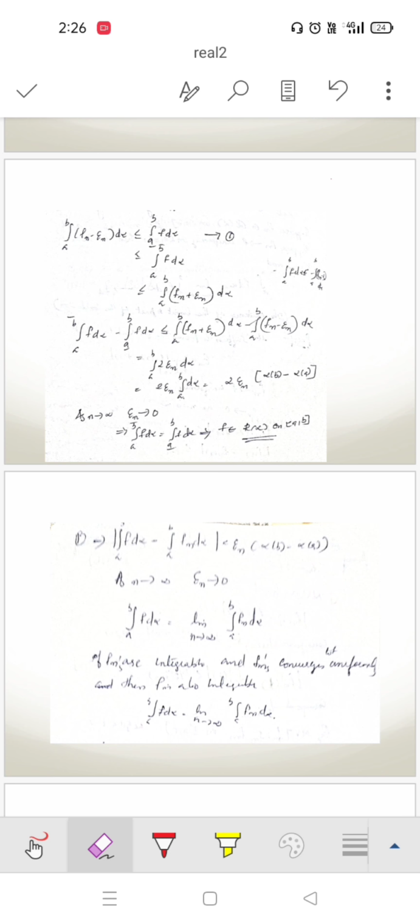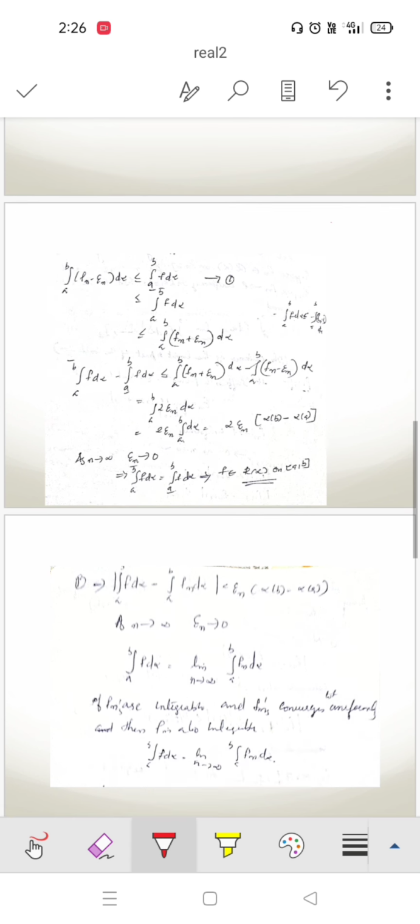Then we'll get this quantity equal to 0, from which we get the integral from a to b of f d alpha equals the limit as n tends to infinity of the integral from a to b of f_n d alpha.